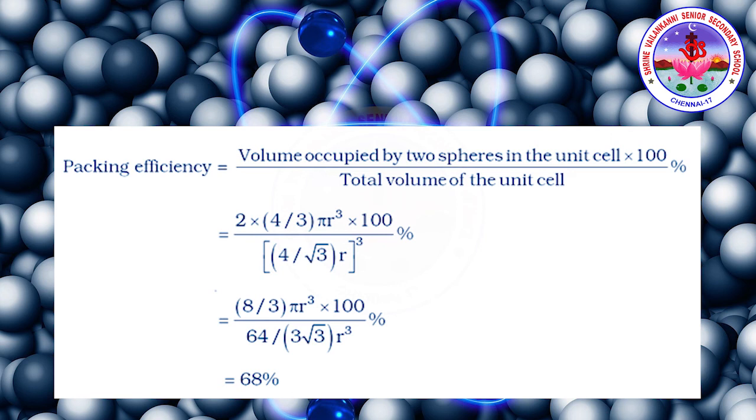So the packing efficiency of the body centered cubic structure is 68%. Similarly, I already taught you the packing efficiency calculation in the lesson videos for HCP, CCP, body centered and face centered.